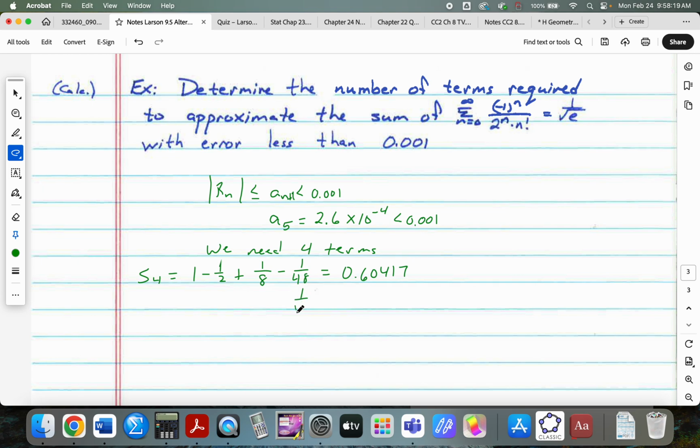And 1 over the square root of e is 0.6065. Oh, well, I'm not happy about this.